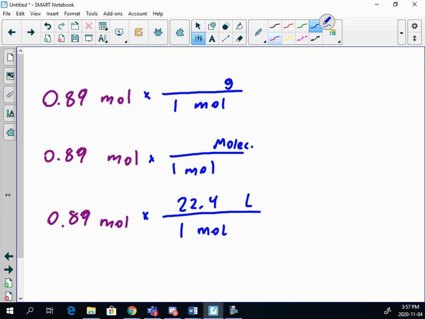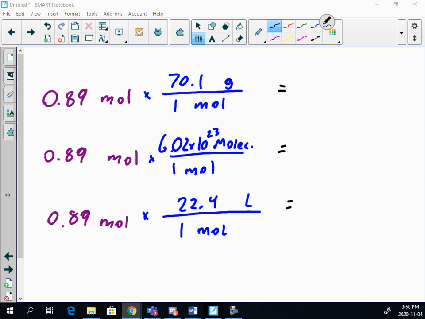I need to recognize that I have Cl2, and that the mass of Cl2 is going to be 70.1 grams per mole. As for a number of molecules, it is, as always, 6.02 times 10 to the 23rd molecules in each mole. So now I've got everything set up, and I see that there's some nice, convenient symmetries here. I can do it all.